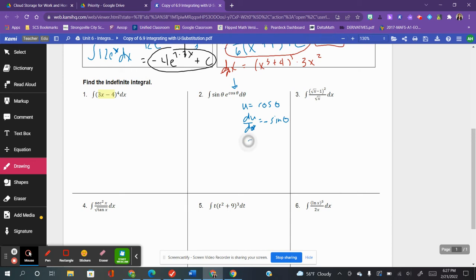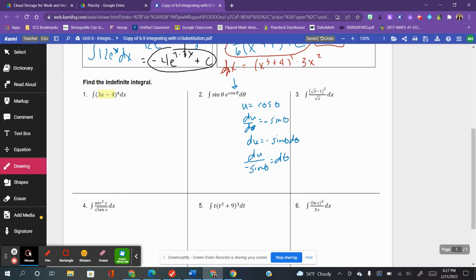So I'm going to multiply both sides by d theta, so negative sine of theta d theta. I'm going to divide both sides by negative sine of theta. So du divided by negative sine of theta equals d theta.